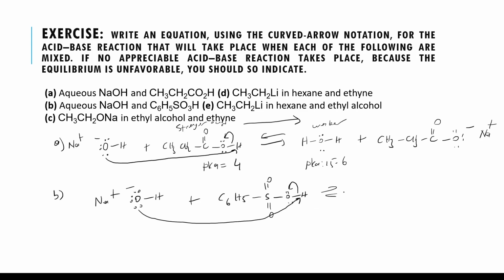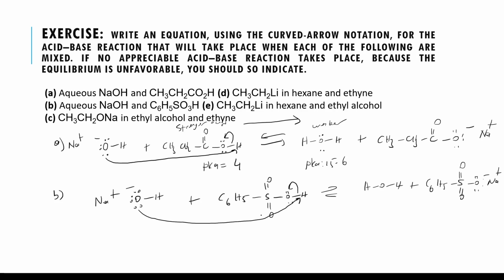So when we write the equilibrium, we should have water as the product plus the benzene sulfonate ion and sodium plus, I'm going to write here.